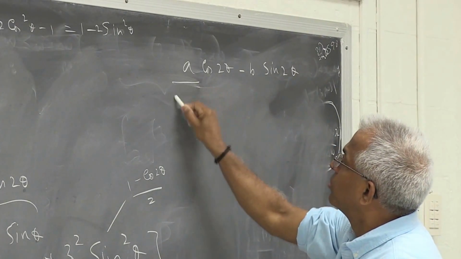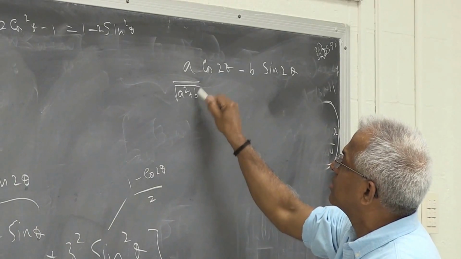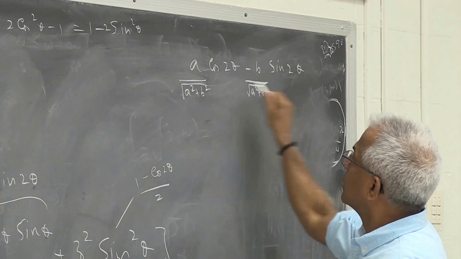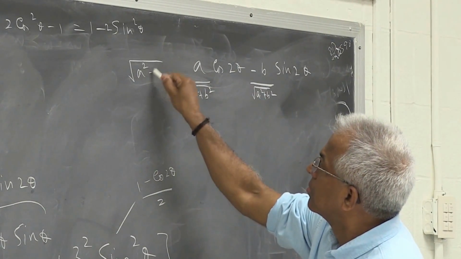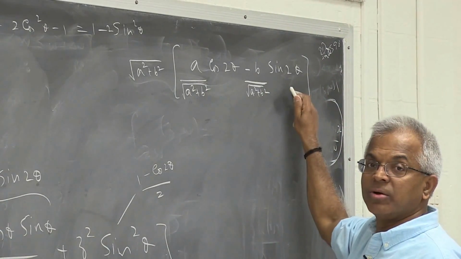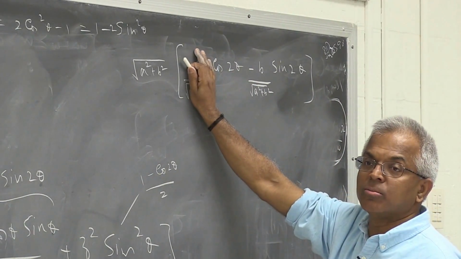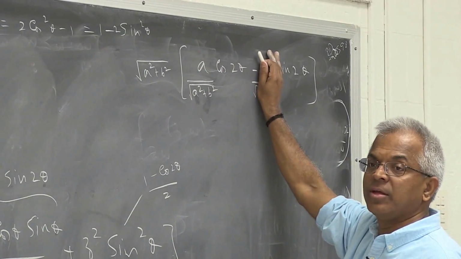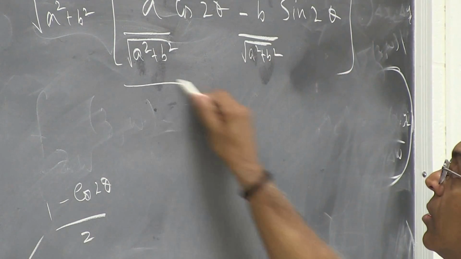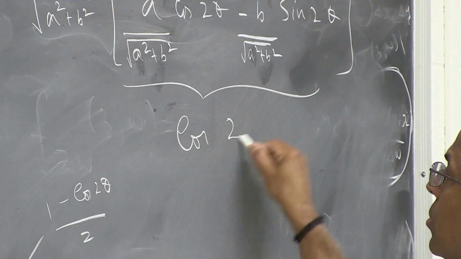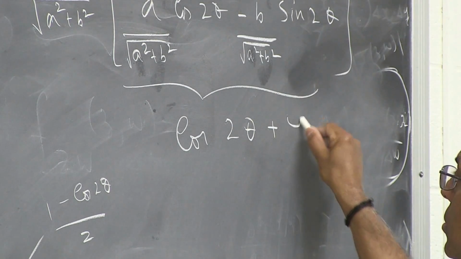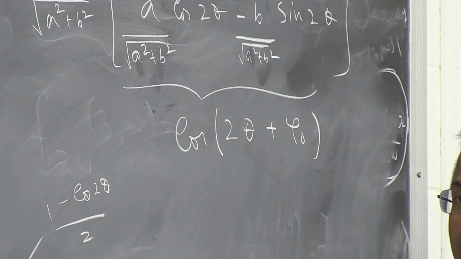Anybody? This is a trick you must have seen, right? So this is what, anyone? You can call this some cos phi, then this will be sin phi. Cos phi cos 2 theta minus sin phi sin 2 theta is what? Isn't it?